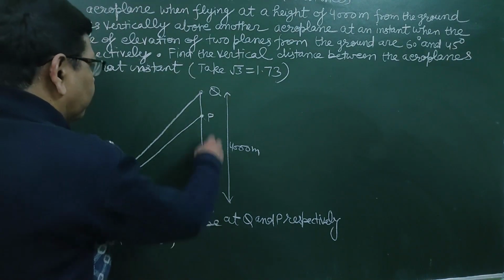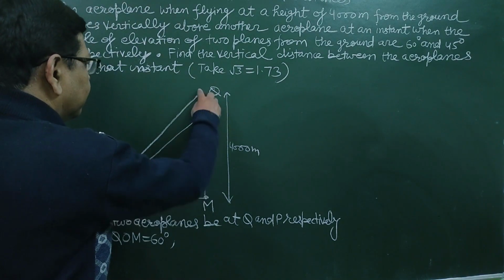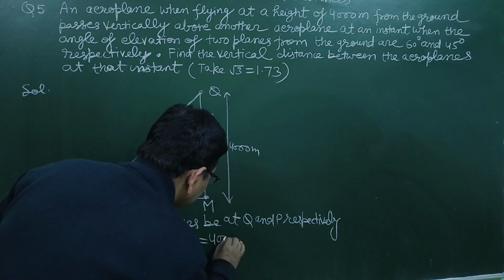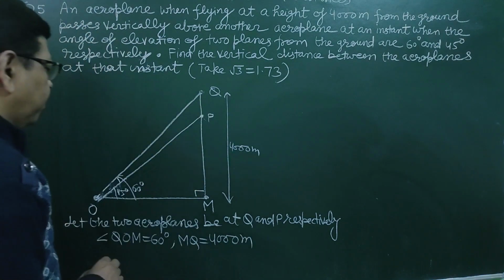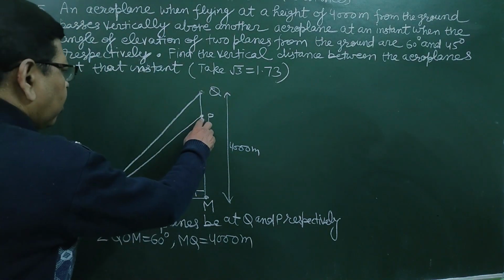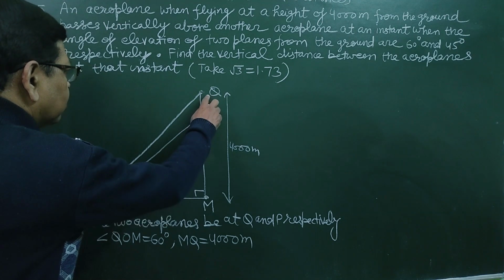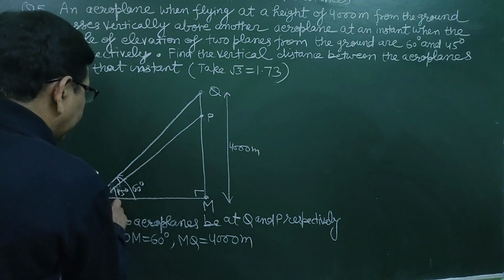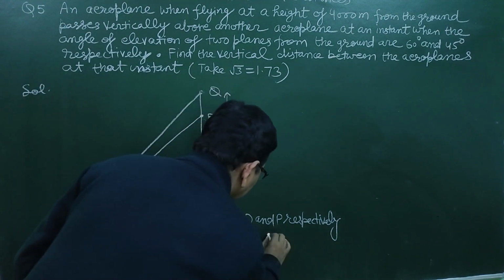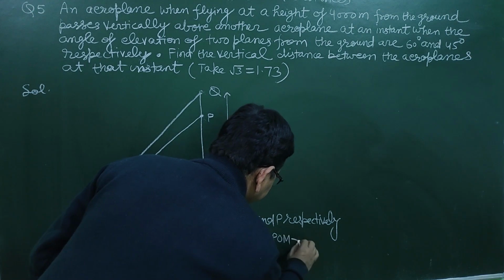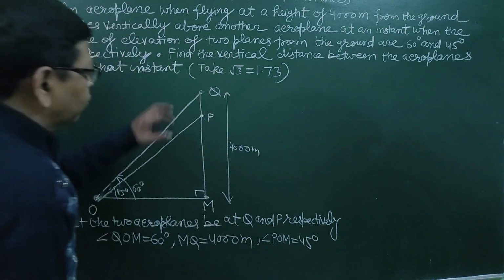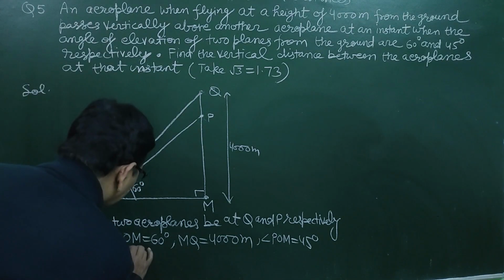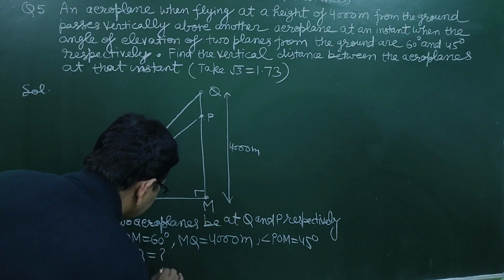Height of the first aeroplane, which is vertically above P, QM is equal to 4000 meter. Angle of elevation of the second plane, which is below the plane at Q, angle POM, is equal to 45 degree. We want to find this distance PQ, the vertical distance between the two planes.